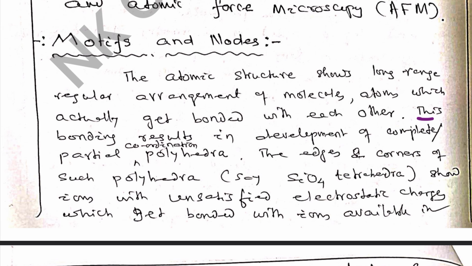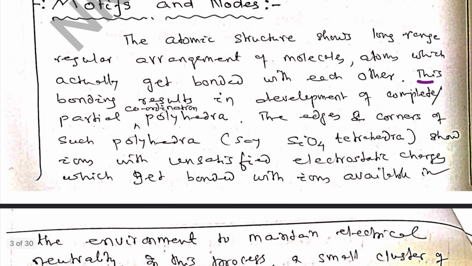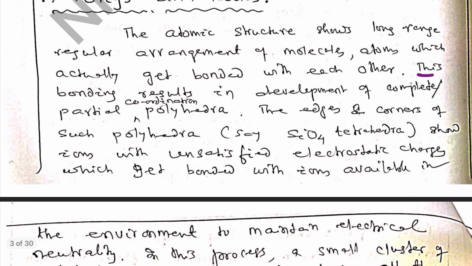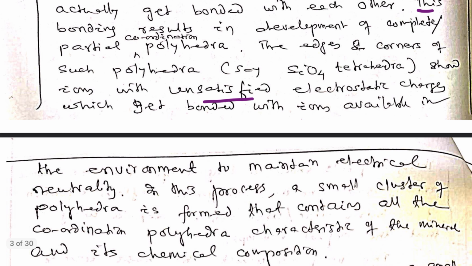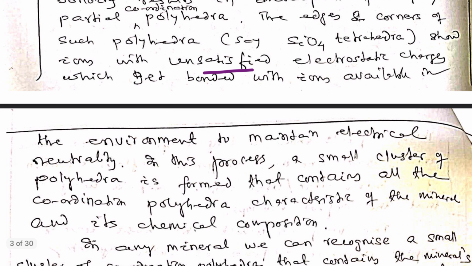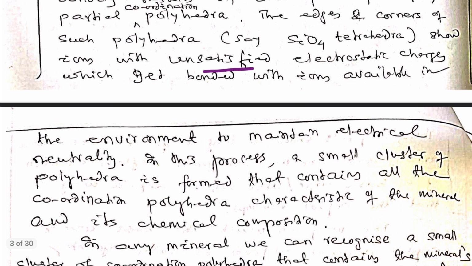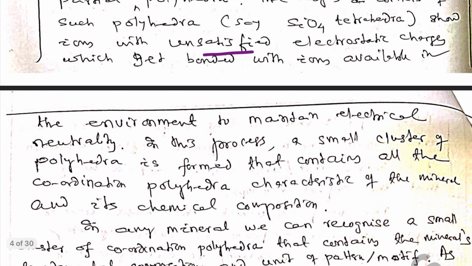So the atoms join together to form molecules, and molecules join together to form polyhedra. The polyhedra show unsatisfied electrostatic charges, as a result of which other cations are attracted to neutralize the structure, or one polyhedron links with other polyhedra to gradually develop the crystal.